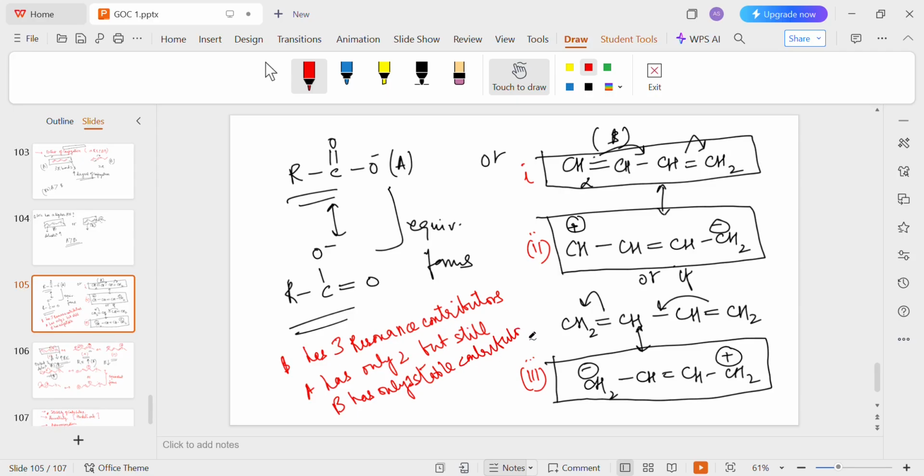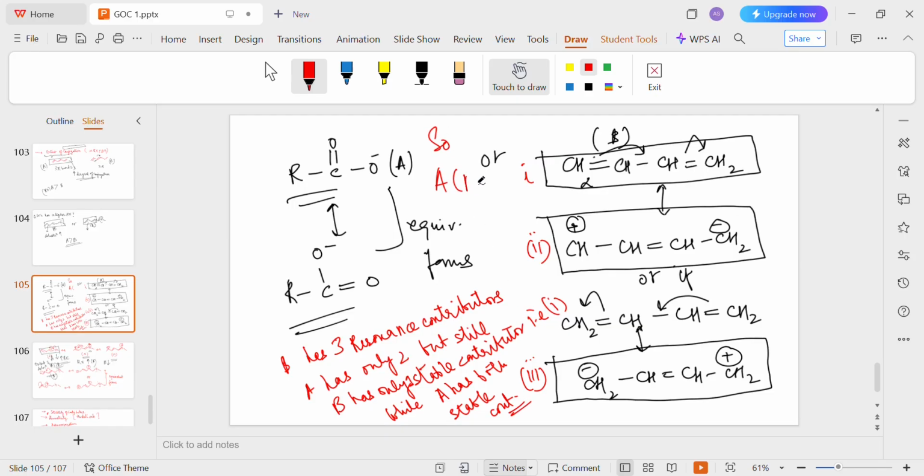If you are wondering why structure A has more resonance energy than structure B, even when structure B has 3 resonance contributors but A has only 2. So you should know that I wrote in the previous slides that number of stable contributing structures matter in deciding the resonance energy. Okay.